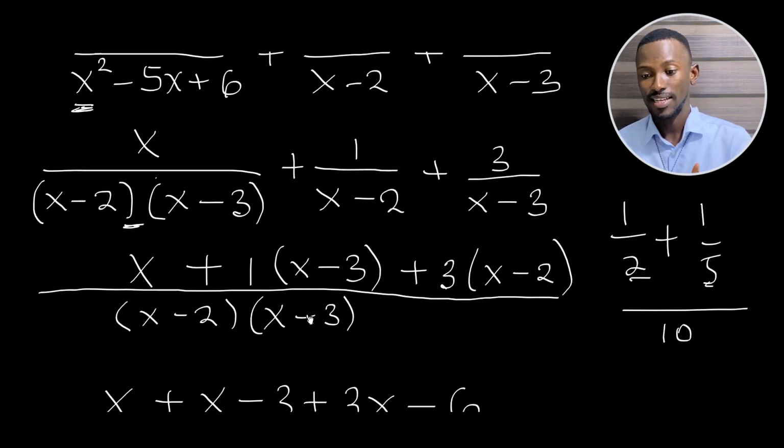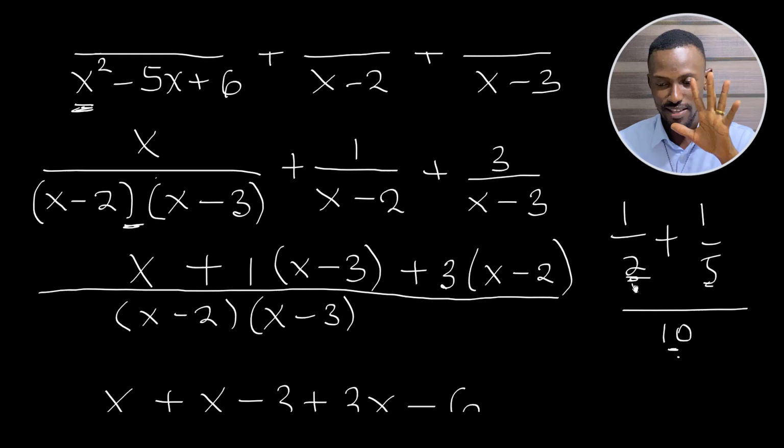After finding the LCM, remember that when it comes to a regular fraction, what we normally do is to pick the LCM and divide it by the denominator. So it will be 10 divided by 2, that will be 5, and the 5 times 1. So we always do that. The same thing is done here.